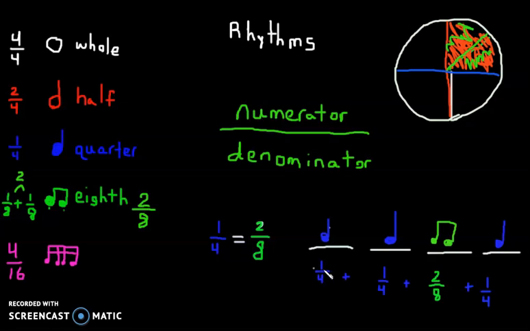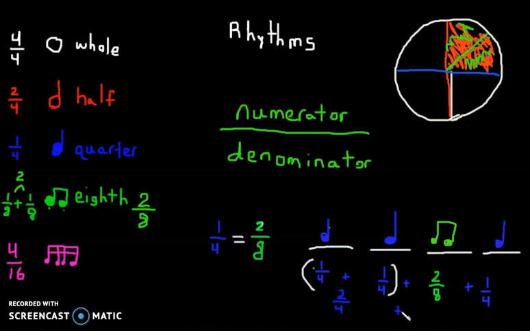So we said earlier that when we add fractions together, you want the denominator, the bottom number, to be the same so you can add them. And I'm going to add these two right here together first. I'm going to add 1/4 plus 1/4. Well, these bottom numbers are the same. These denominators are the same. So these are going to be 2/4. The denominator stays the same, and I add the numerator, the top number, 1 plus 1 is 2. 2/4.